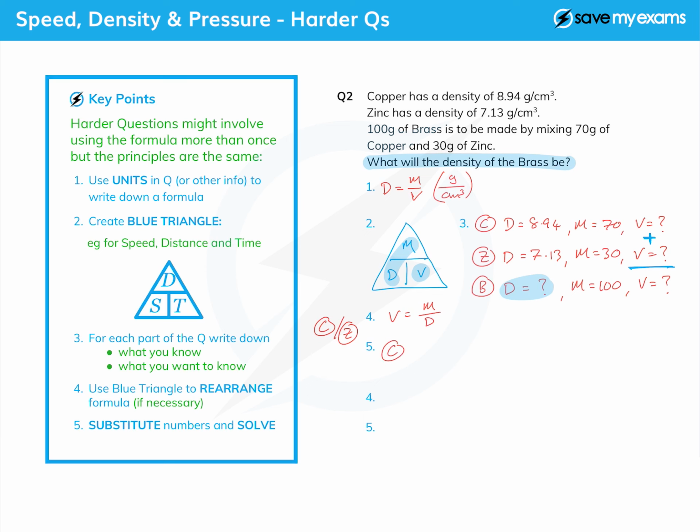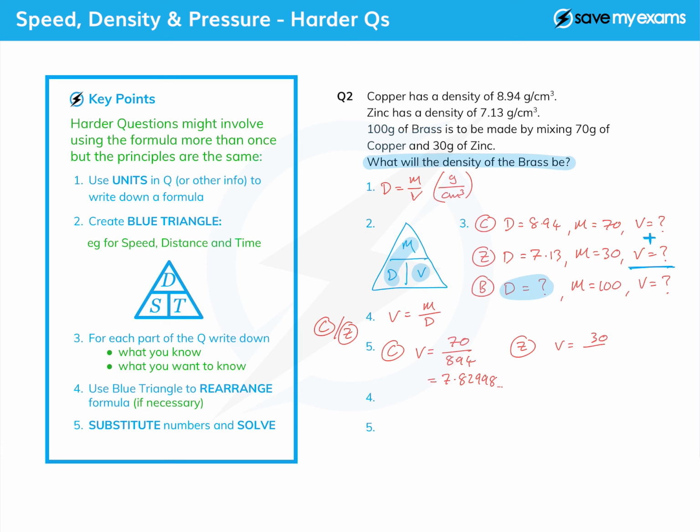And so for copper, the volume is 70 over 8.94, which on my calculator I get 7.82. Well, I'm going to give it a few decimal places because I'm going to use those again in a minute. So 7.82998. For the zinc, I see that the volume is, again, mass over density.